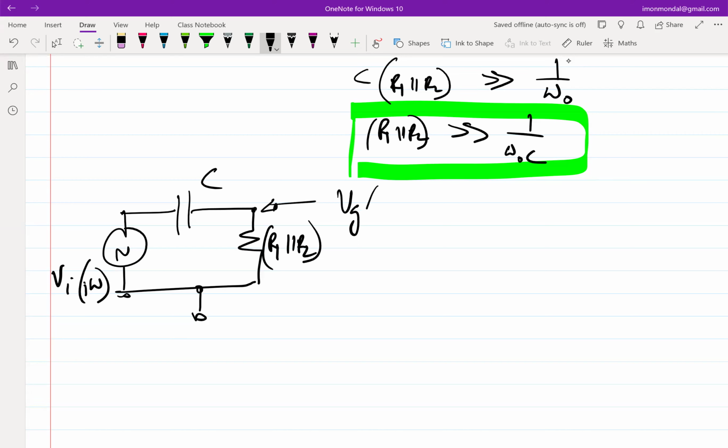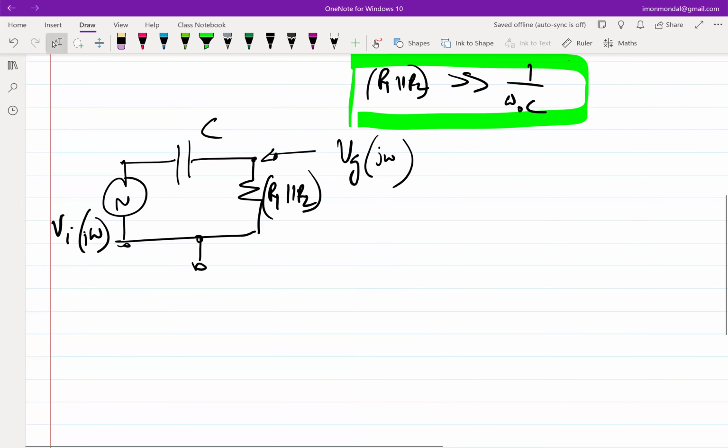And if I want to plot Vg of j omega, whatever it should look like, then I would get two plots: a magnitude plot and a phase plot. Even before going there, what will the expression look like? This is something that we did yesterday.